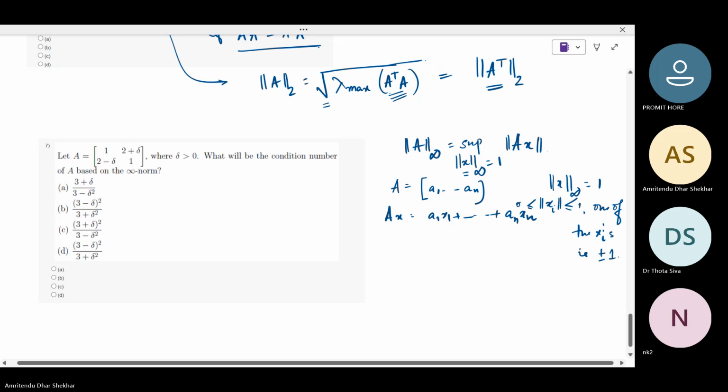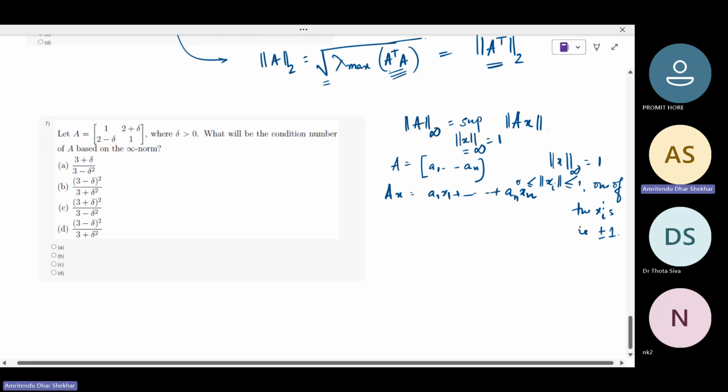Okay. So Ax, this thing would pick the largest coordinate from among these.